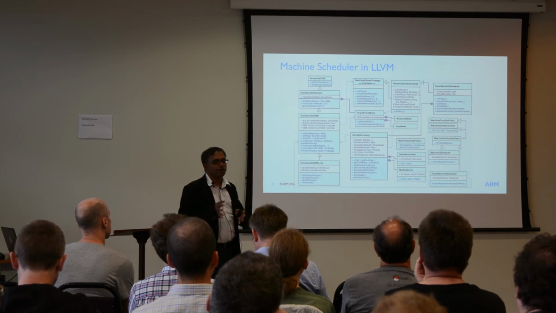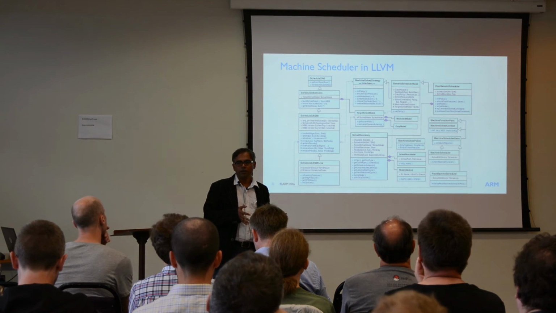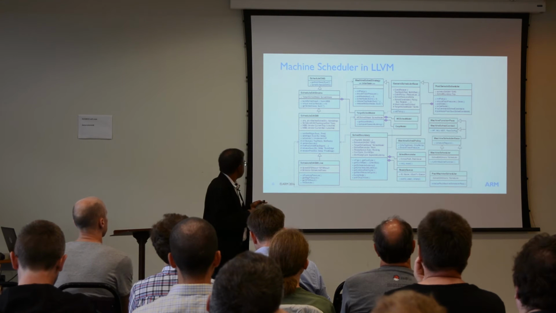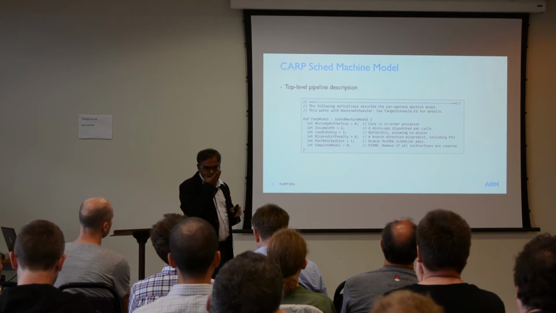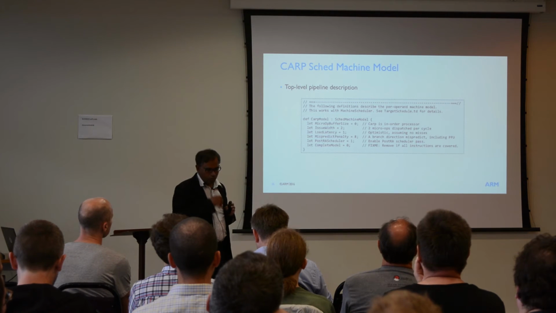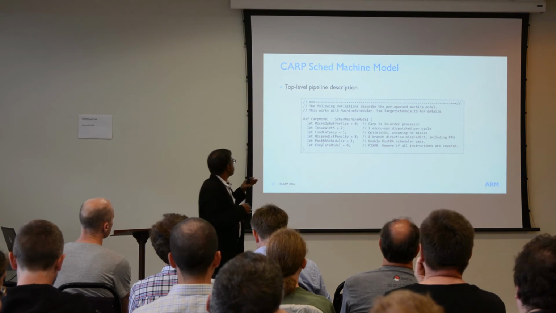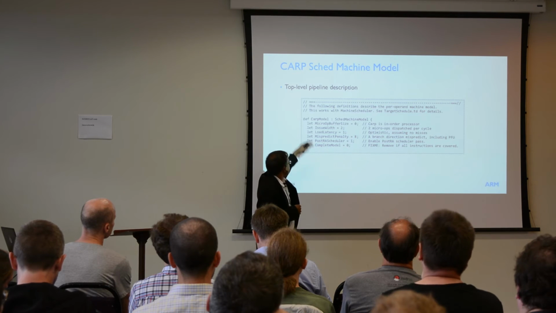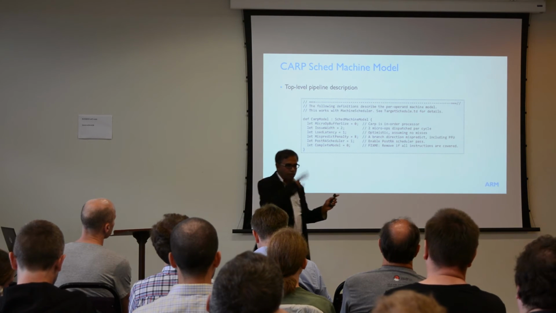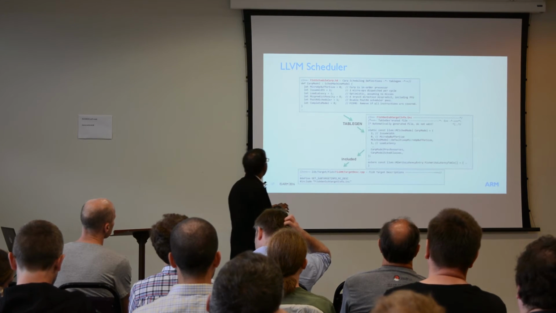You give your entire description of your pipeline in the TableGen language. It's also modular, it's not like one big mammoth. It's hierarchical. At top level, what you describe is, okay, I've got an in-order processor, two issues, and then some other things like load latencies, etc. So you describe that at a high level.